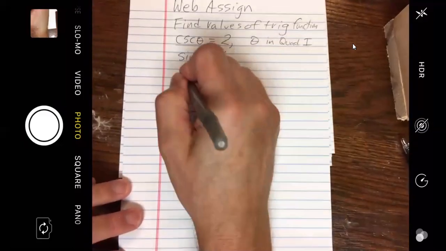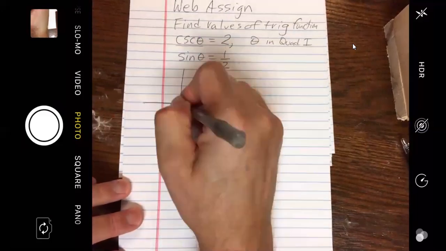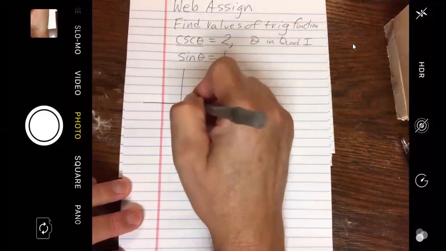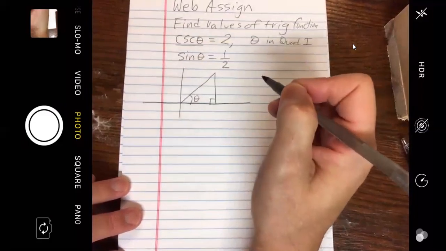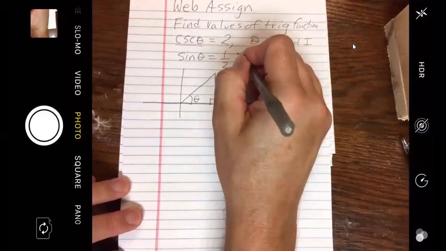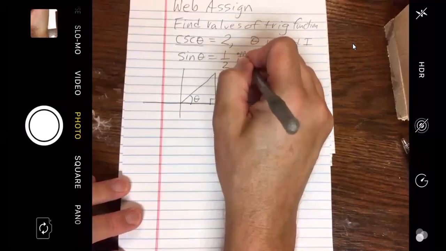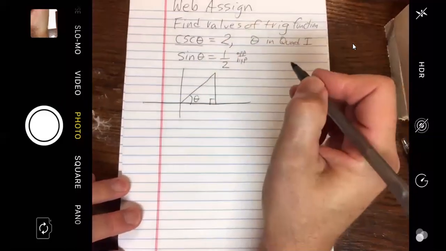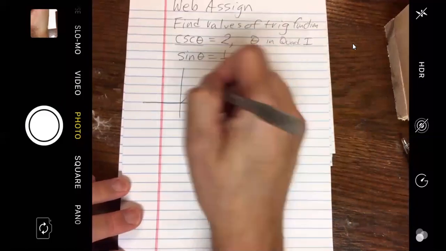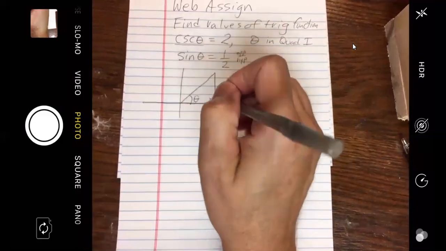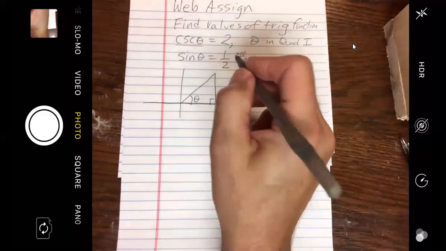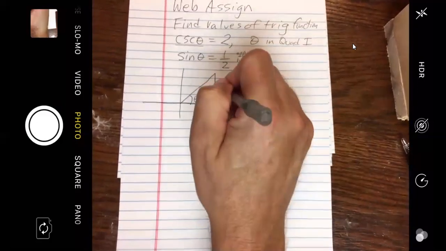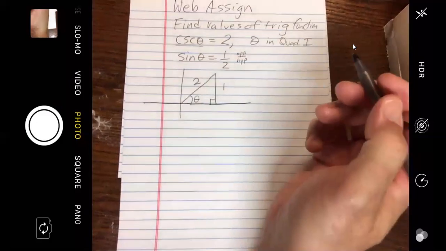Quadrant 1. So that's going to give you a graph looking like this. Theta here. That's a right angle. Remember, this is opposite over hypotenuse. You could put a 1/2 here and keep a unit circle, but to me, it's kind of easier. I'll make this 1 the opposite and this 2 the hypotenuse.